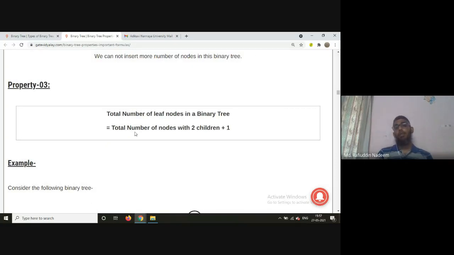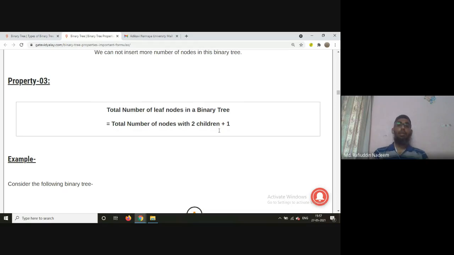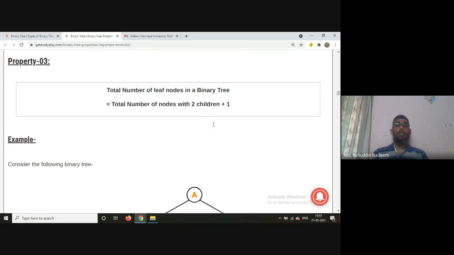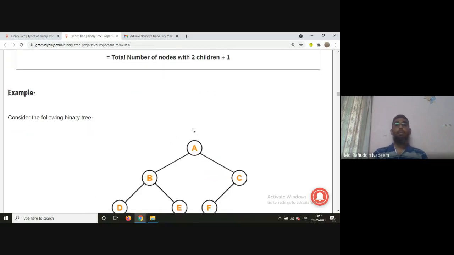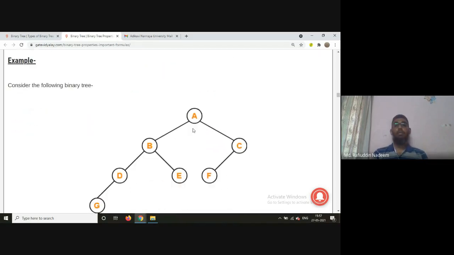Then the next property is, the total number of leaf nodes in a binary tree is equal to the total number of nodes with 2 children plus 1. For example, how many nodes are there with 2 children?